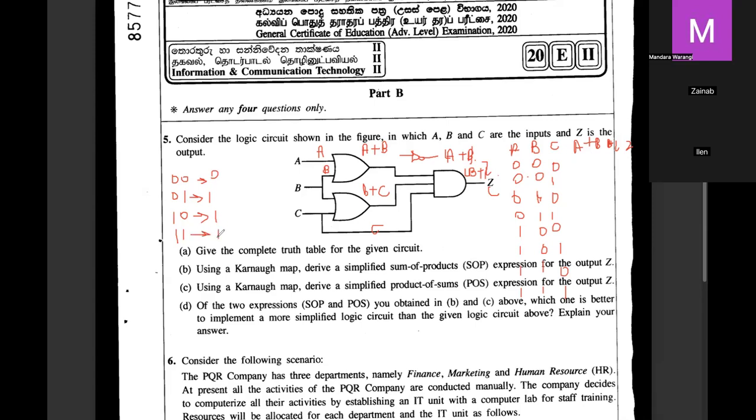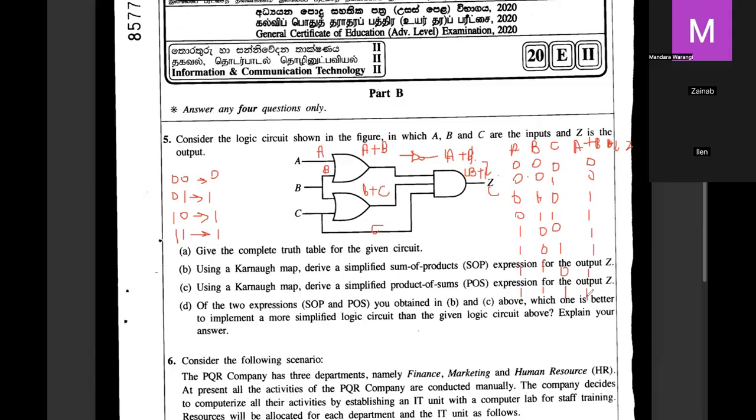So here A OR B: 0 and 0, the output becomes 0. 0 and 1, the output is 1. 1 and 0, the output is 1. 1 and 1, the output is 1. Okay? You are clear with it?